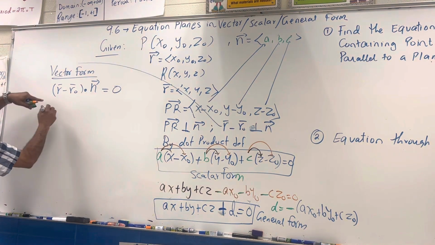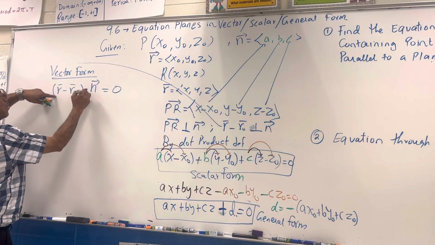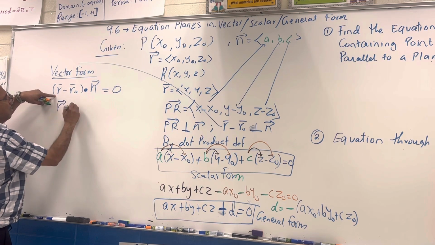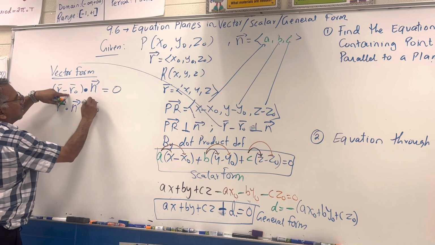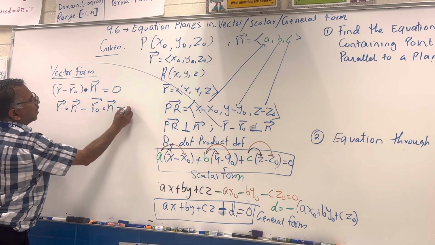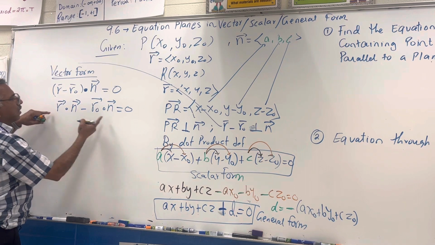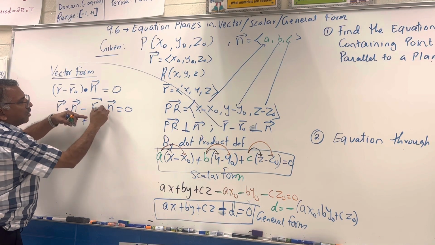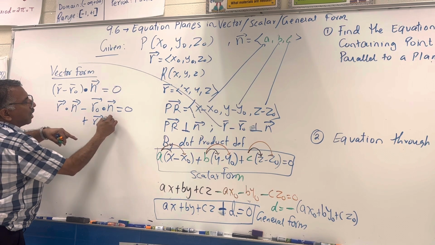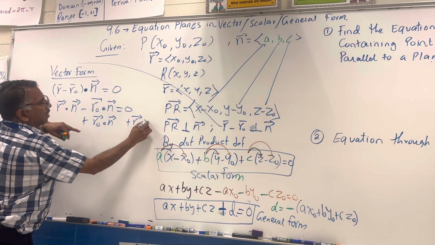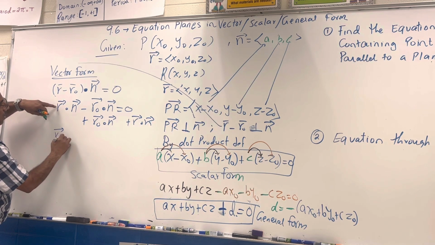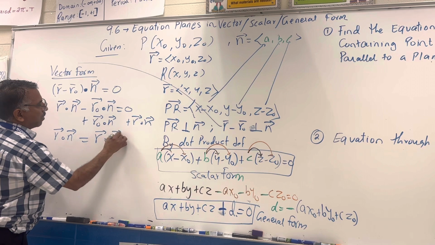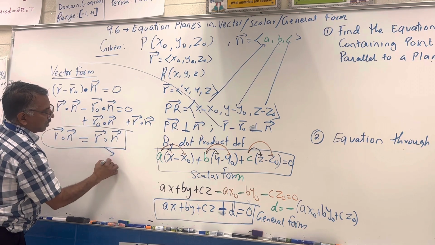So now we can write this by the algebra of the dot product. This distributes, minus, equals 0, and then we can write this also by adding, because a dot product is just a number, right? So you can add to both sides, which gives r dot n cap equals r naught dot n cap, see? And this is the vector form.